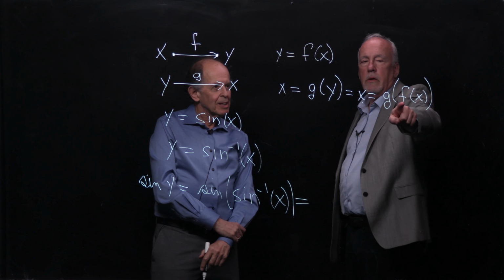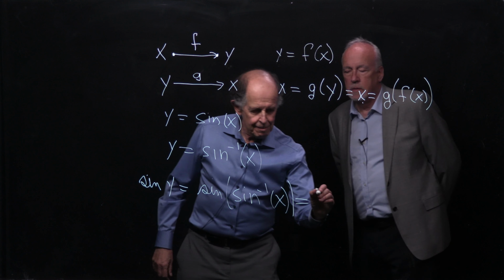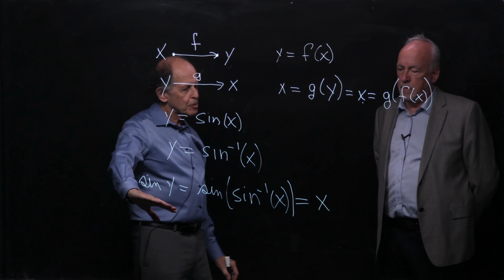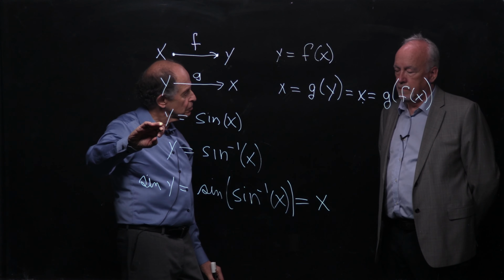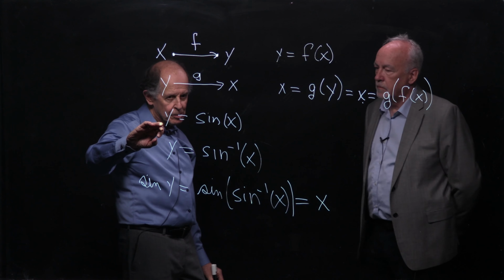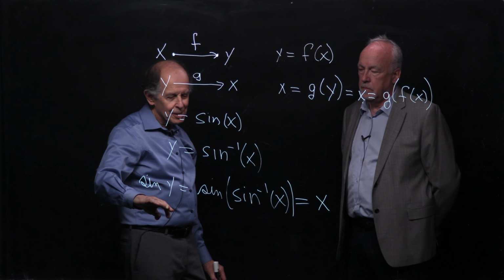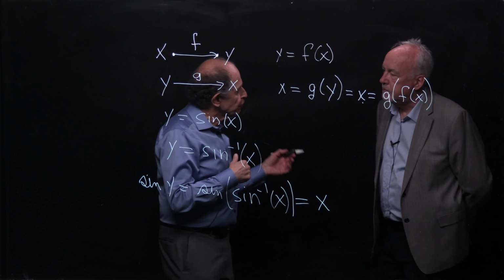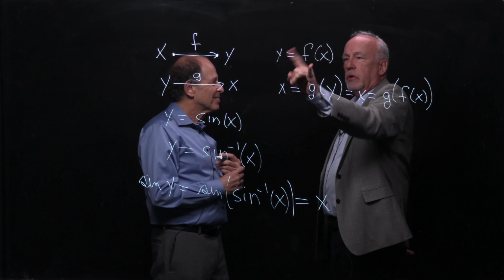Well, just like you had here, one function cancels the other function, so you're left with x. So if we look at the original function, y equals sine of x, now we've got the opposite relationship, x equals sine of y. So we flip y and x. Sure, because y and x are just numbers, so we can put them in either place.